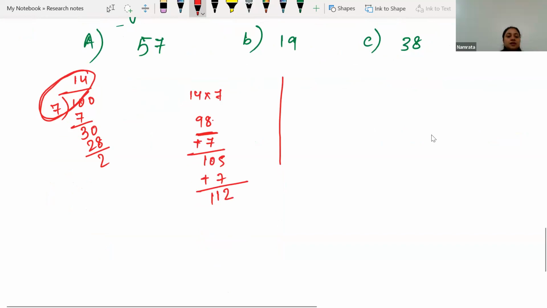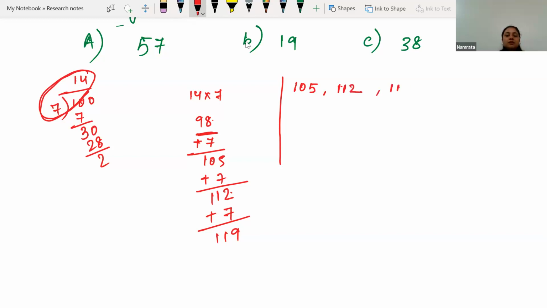Yes, ma'am. The next number will again be plus 7, 119. So let's write it. Our sequence's first term is 105. Any doubt over here? No, ma'am. The next number after this will be plus 7, that is 112. The next number will be 119.